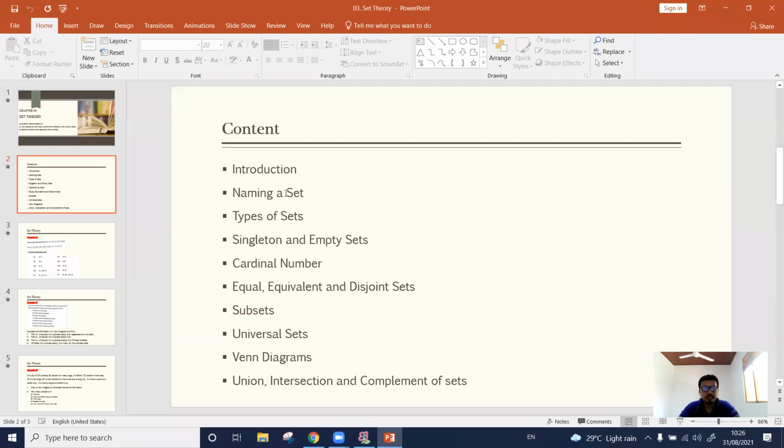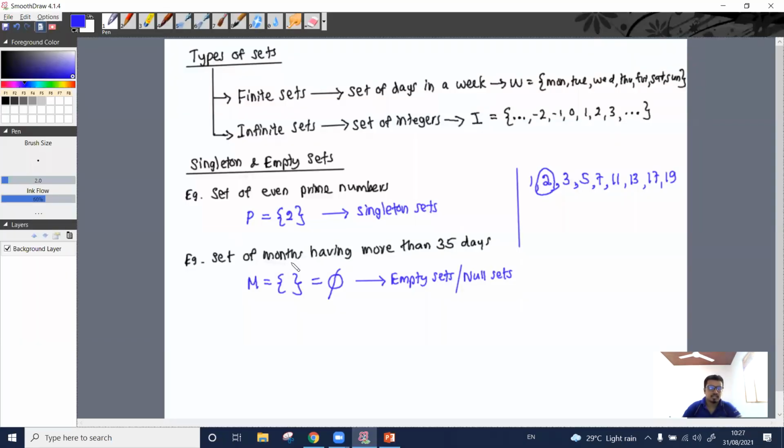Then there are two types of sets: finite sets and infinite sets. Singleton sets means sets with only one element. Empty sets means sets with no elements. Then cardinal number.